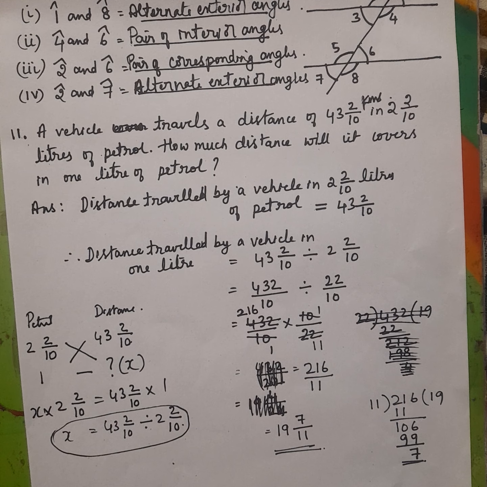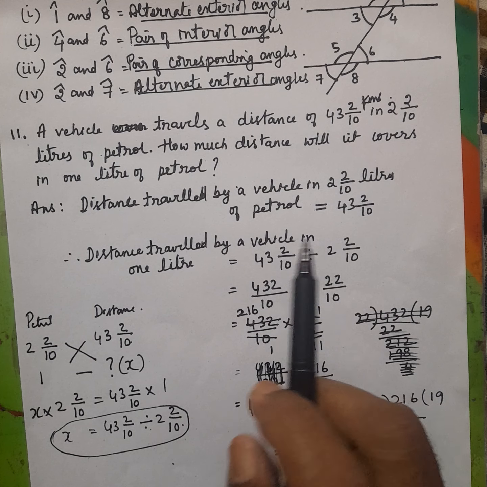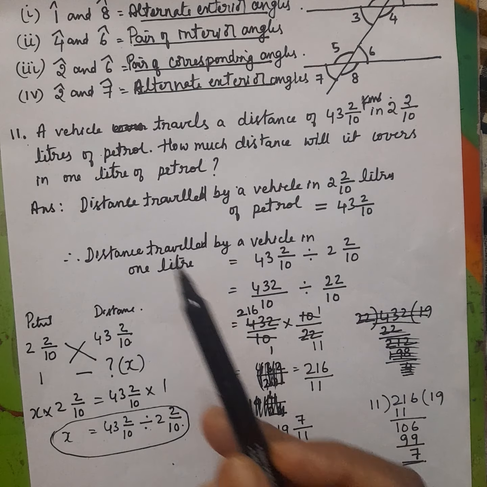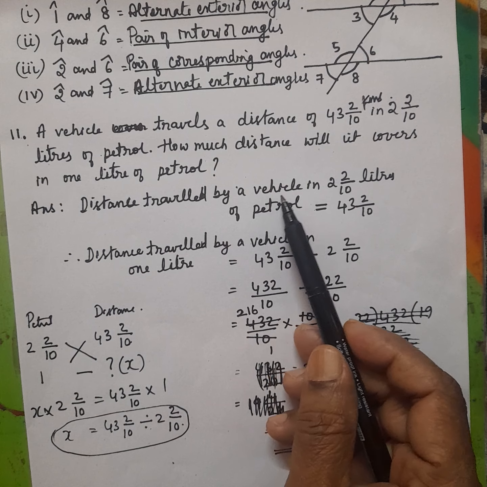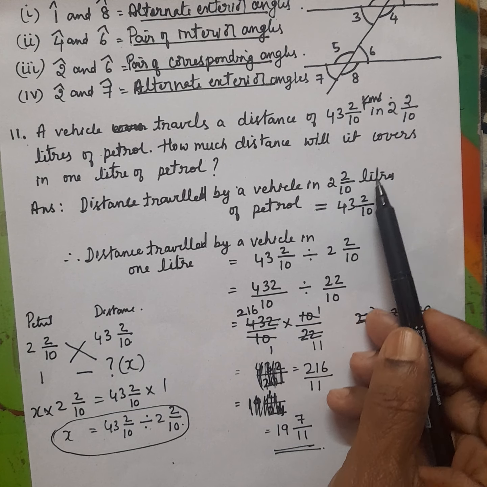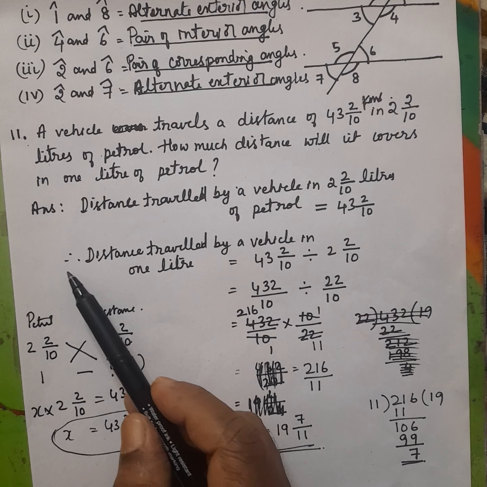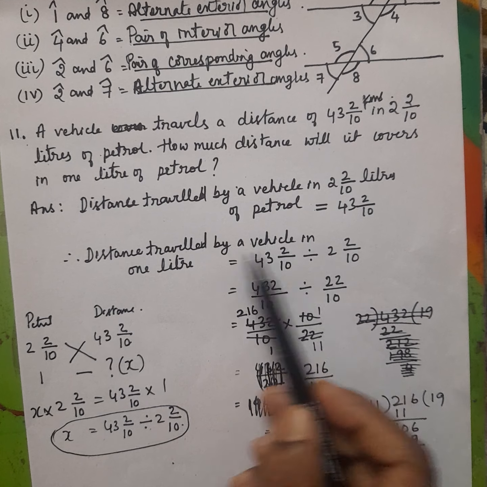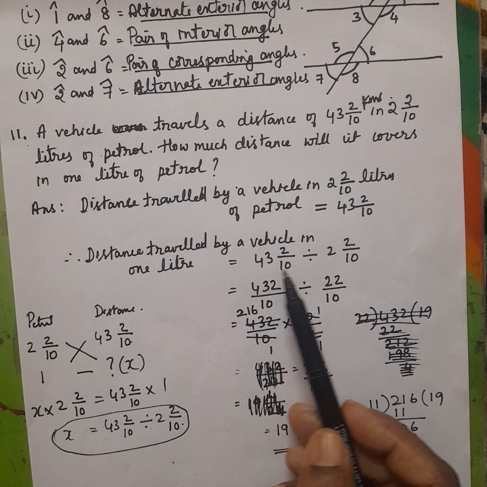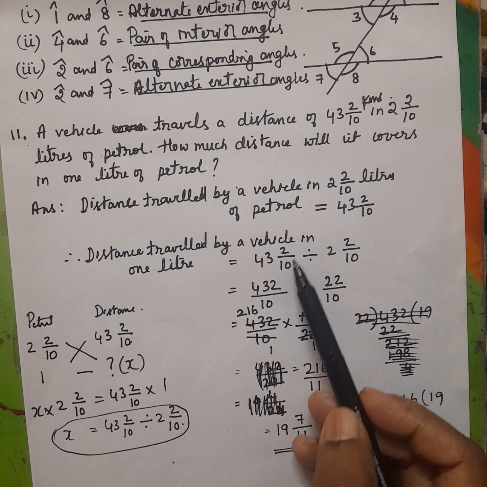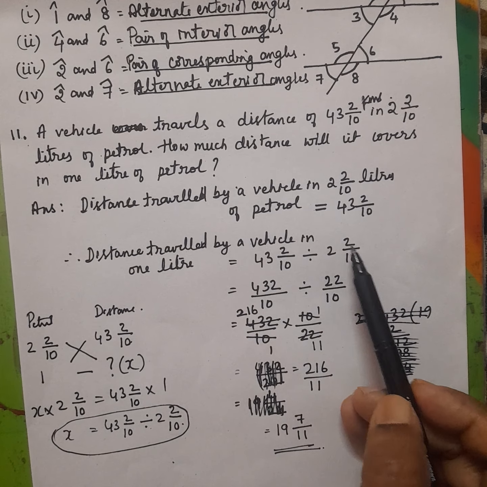Now before doing that, first we have to do the steps. Now let's write down the data here. Distance traveled by a vehicle in 2/10 liters of petrol is equal to 43 2/10. Therefore, distance traveled by a vehicle in 1 liter is equal to how much? Same thing here: 43 2/10 divided by 2/10.